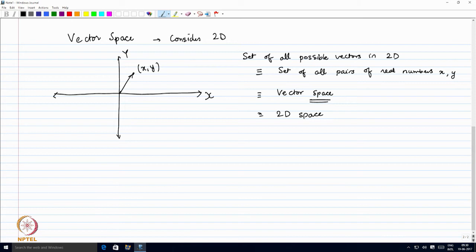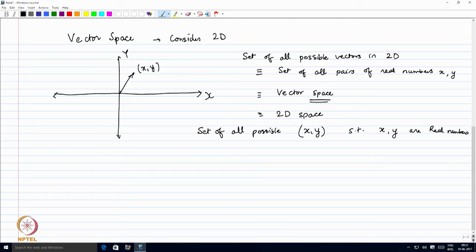Similarly, we can do this in 3D also. So if you say what is 2D space or 2D vector space, this is the set of all possible x y, such that x and y are real numbers.